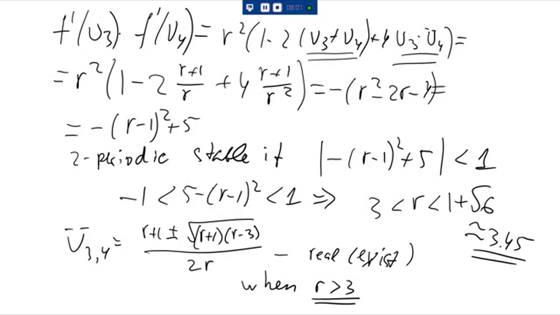So what does it mean? At r equal to 3, our fixed point u2 becomes unstable, and u3, u4, our periodic solution, occurs and is stable at this point. So we will discuss it next time.